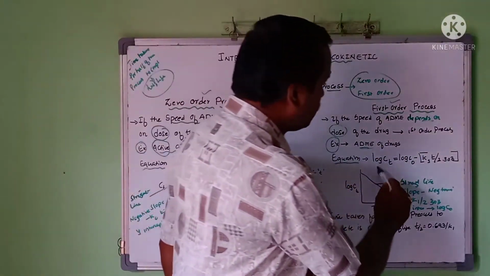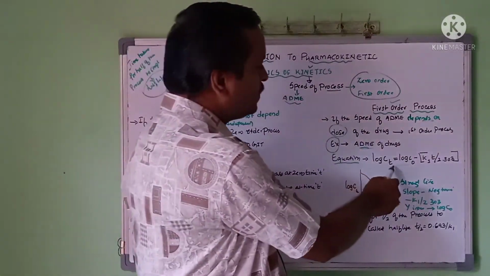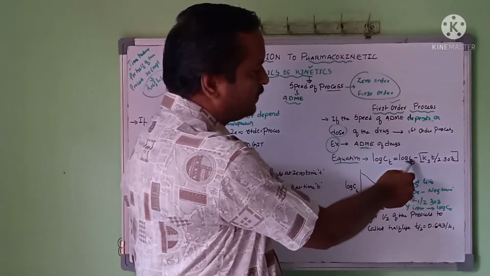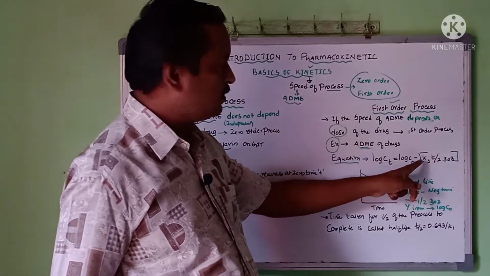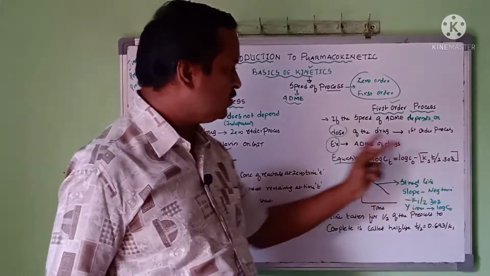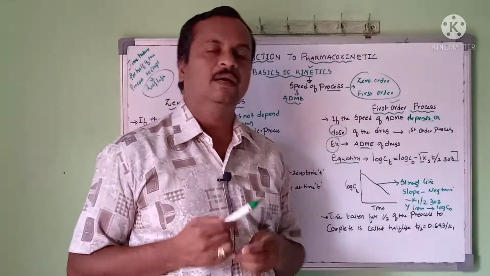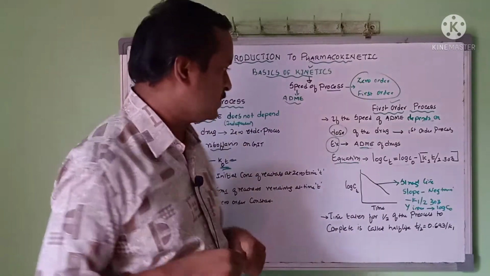The equation commonly used to calculate the first order reaction is log C_t = log C_0 - K_1 t / 2.303, where K_1 stands for the first order constant. ये इक्वेशन से हम लोग फर्स्ट ऑर्डर रिएक्शन प्रोसेस का ADME कैलकुलेट कर सकते हैं.